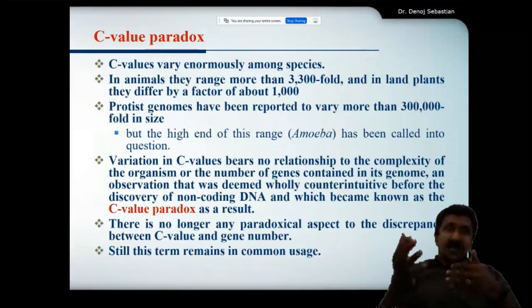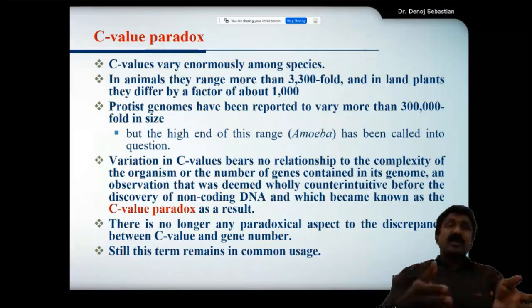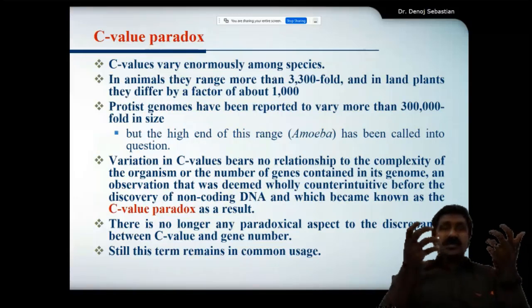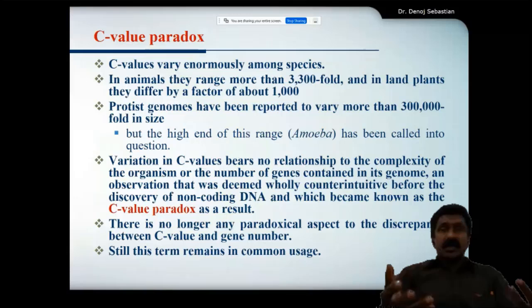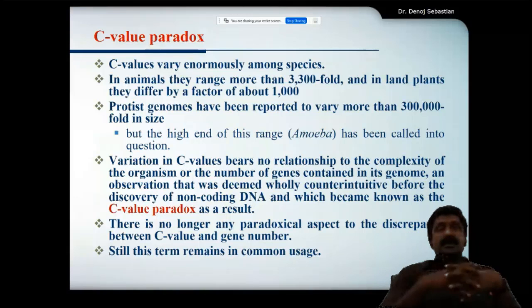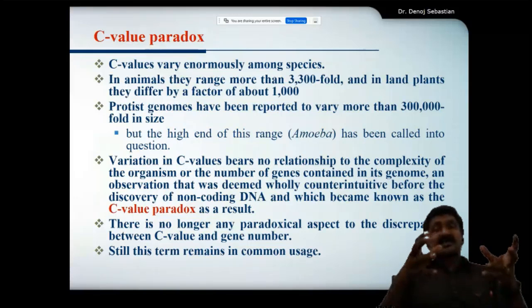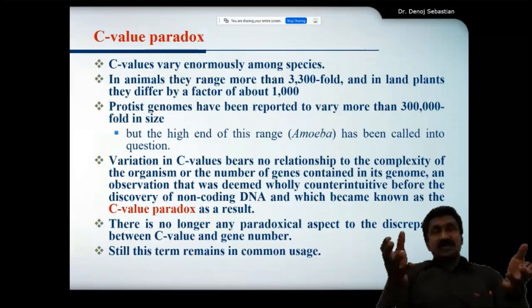In other organisms, maybe a higher order organism with a very large genome, the percentage of such non-coding regions will be much higher, and that's what causes this C value paradox. It increases the size, not the biological complexity.